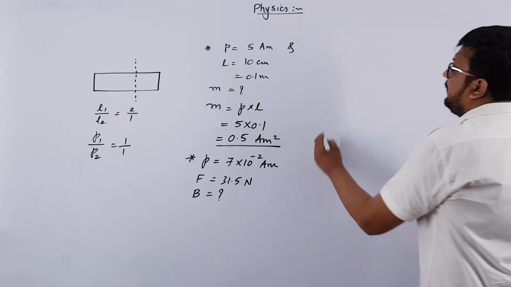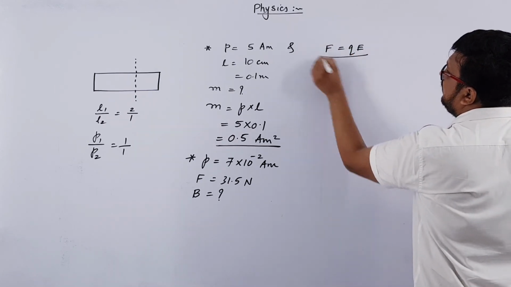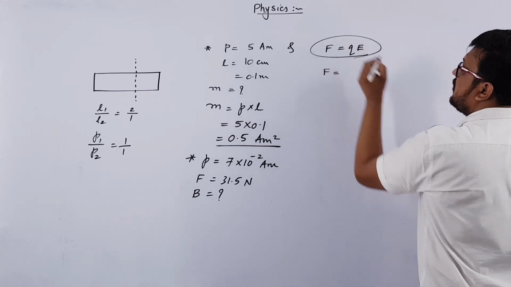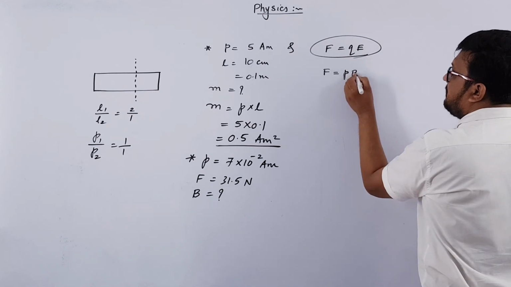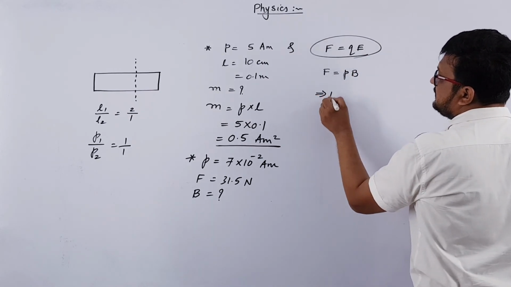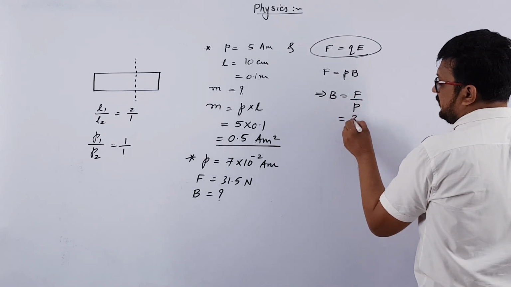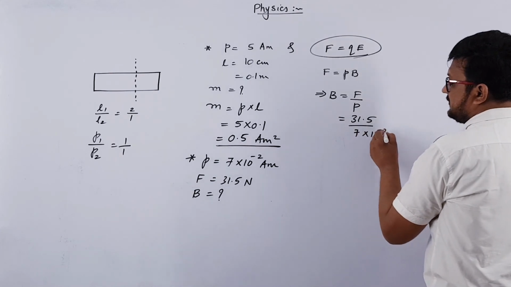So we have a formula, remember F is equal to Q into E. In the same way for magnetic field, F will be equal to, instead of Q we will write P, pole strength. Instead of electric field it will be magnetic field B. So this implies that B will be equal to F by P. So here F is 31.5 divided by 7 into 10 to the power minus 2.